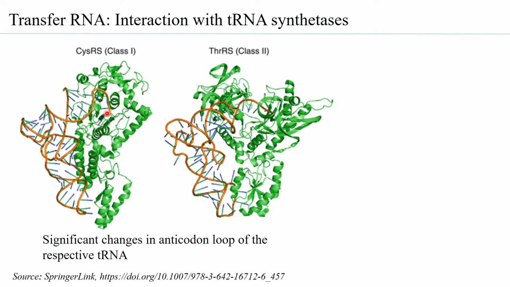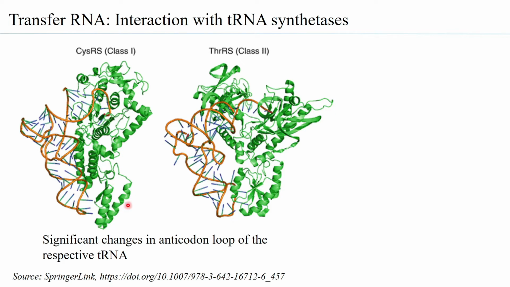And so you will find that the acceptor arm CCA part is also within the catalytic site. Now, therefore, what is important to note is that the cysteine tRNA synthetase should add a cysteine to the 3' CCA end of the tRNA.